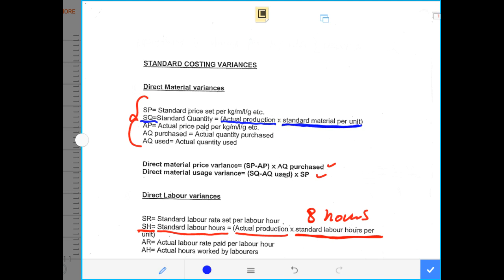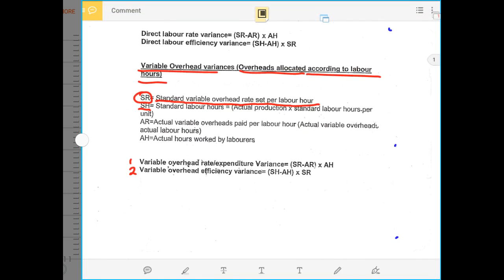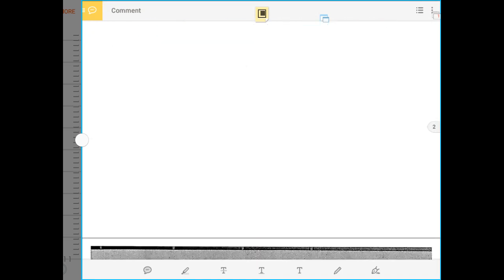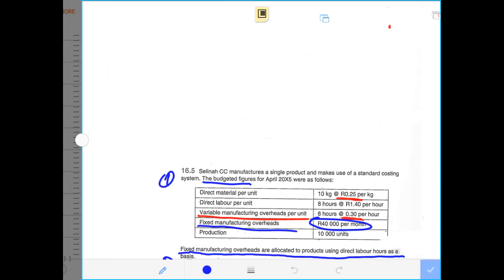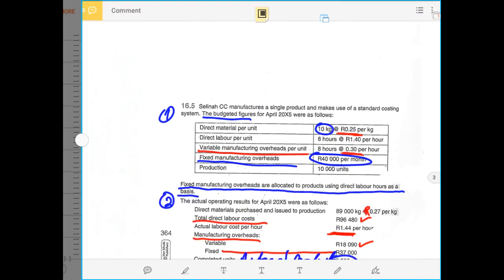We do have the standard kgs, and that standard material was provided in the exercise. I think it was given. Let us just confirm that. It was 10 kgs. That will be the standard material kgs per unit.